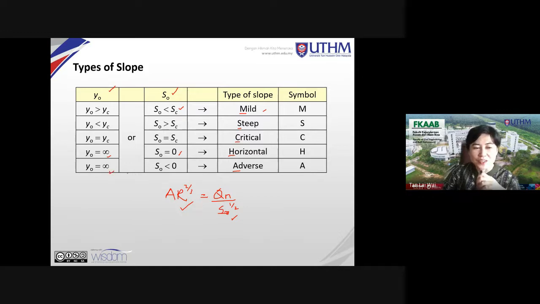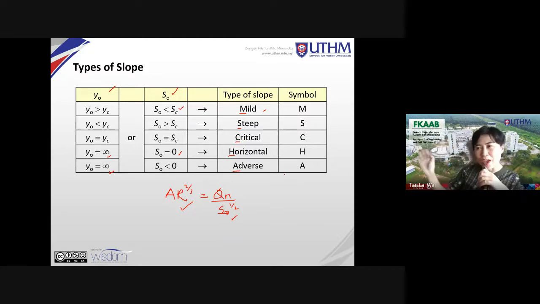Okay, now the fifth type of slope is adverse. Flow is caused due to gravitational force. It is flowing from higher ground to lower ground. In adverse condition it is inverse. That means it's flowing from lower to higher ground.